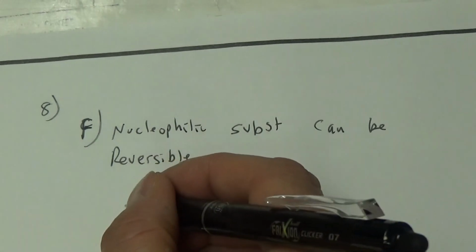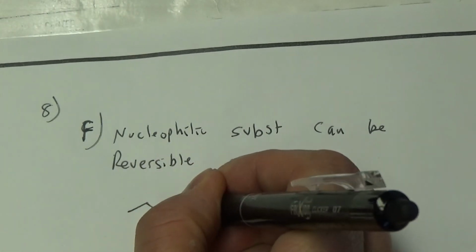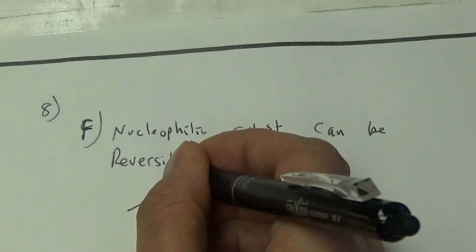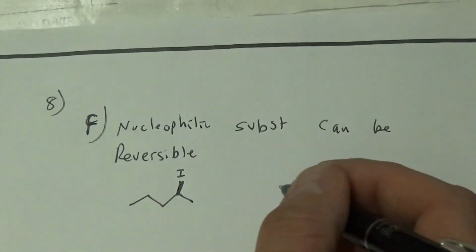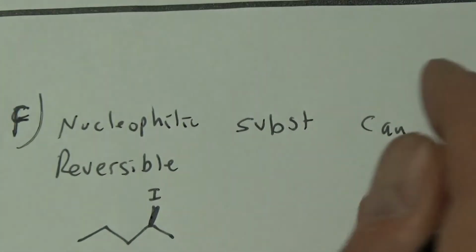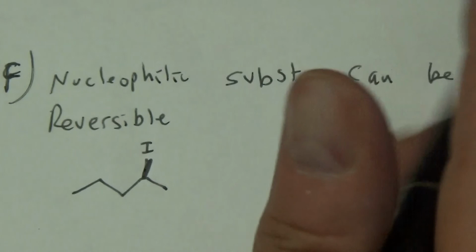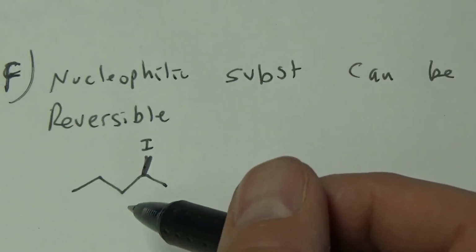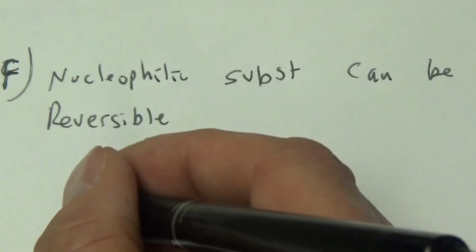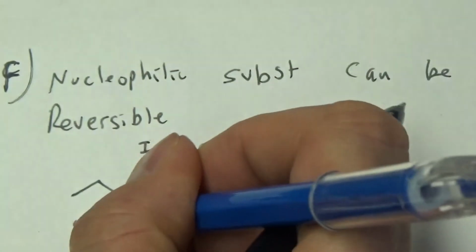It's interesting that if I take this optically active single enantiomer 2-iodopentane, optically pure. What did optically pure mean?